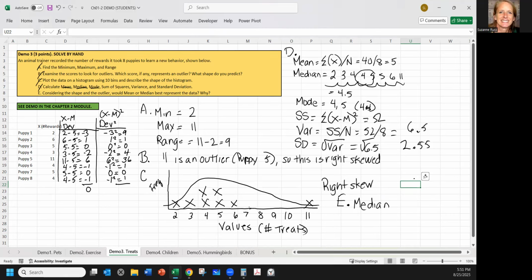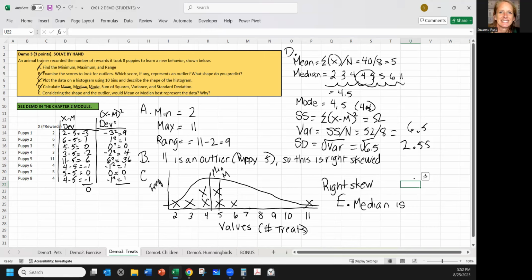We can see here that the mean is 5 and the median was like 4 or 4.5. We can see that this median is a better representative of where the data are falling than this mean. And so we can see that that tail is pulling on that mean just a little bit.